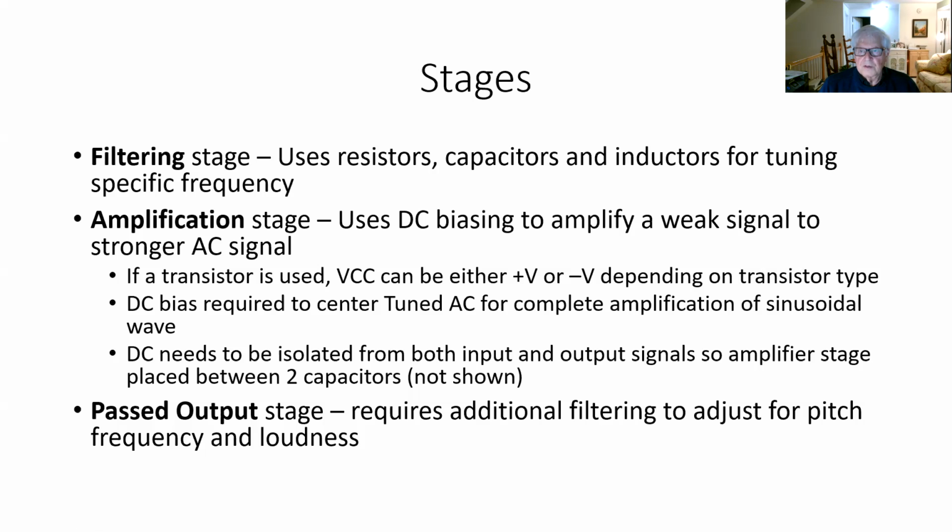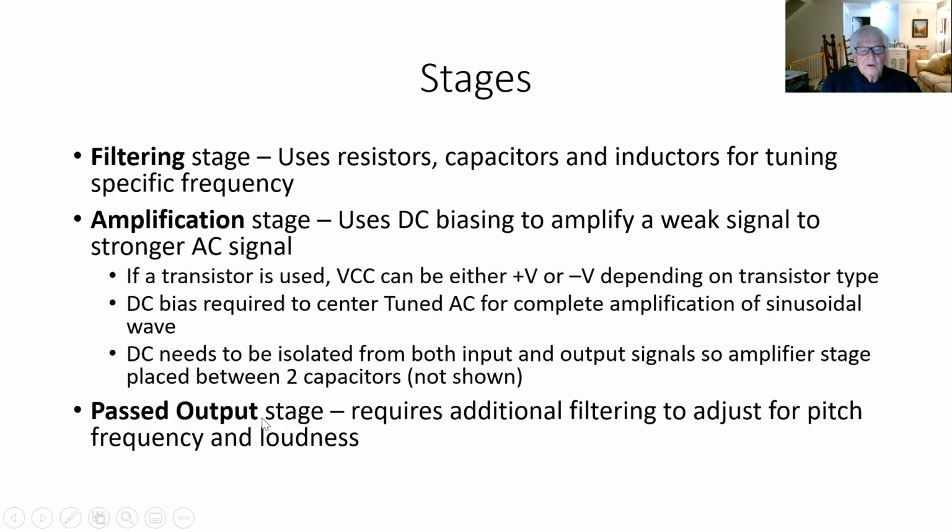And basically a sinusoidal signal is what we're talking about. So you want to make sure that you pass both the top half and the bottom half. But the DC needs to be isolated from both the input and also the output. So we use two capacitors, which haven't been shown.